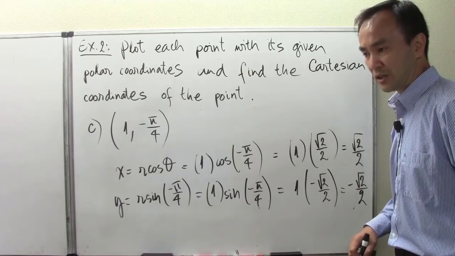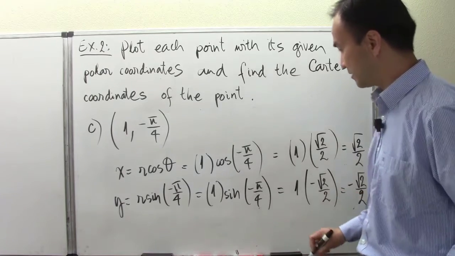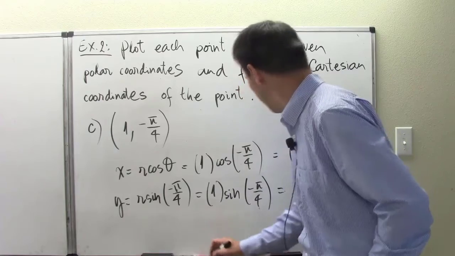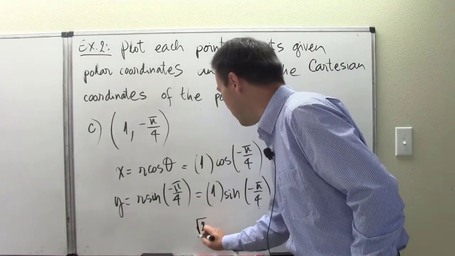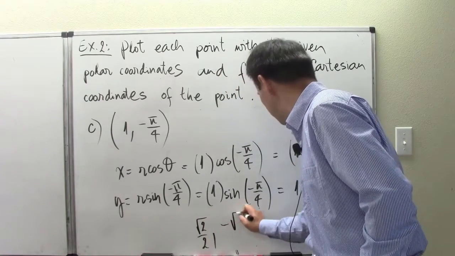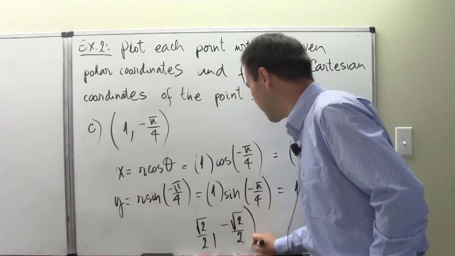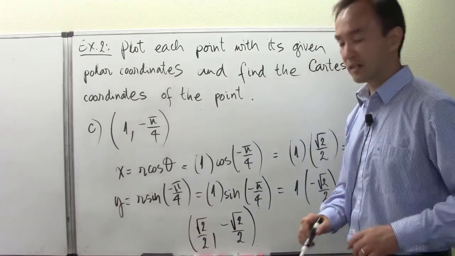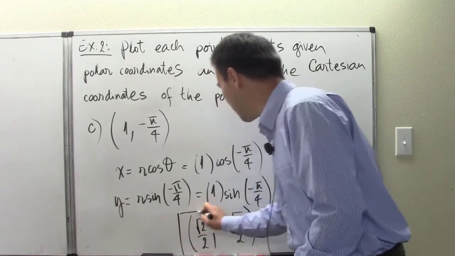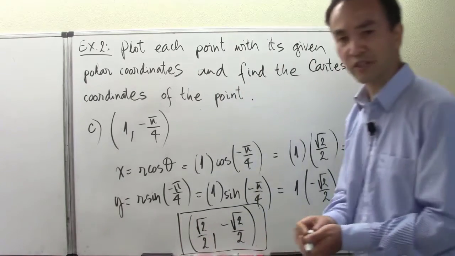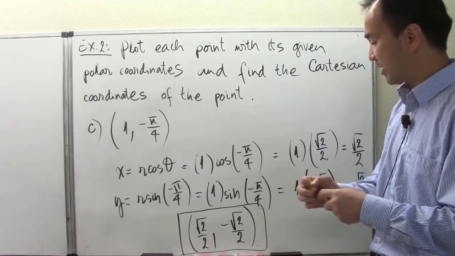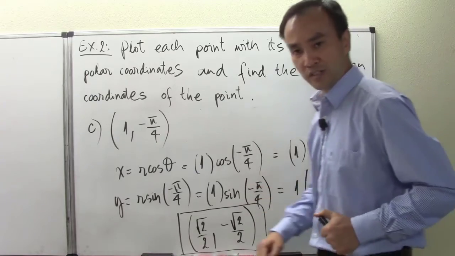In that way, the actual point turns out to be (square root 2 over 2, negative square root 2 over 2). Here we have that point written in rectangular coordinates. We have seen the graph earlier, and now we have calculated the actual rectangular coordinates of that point.